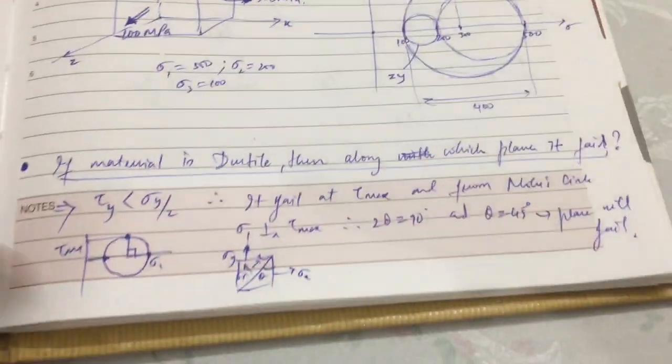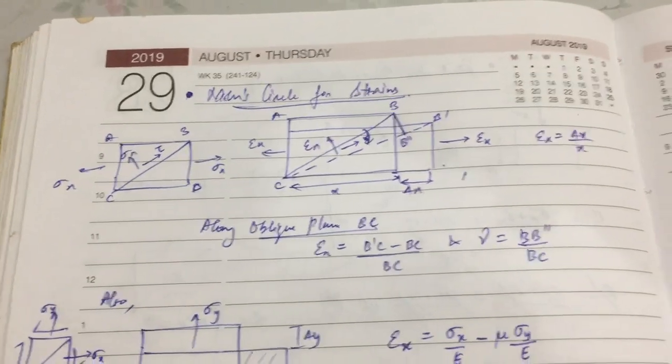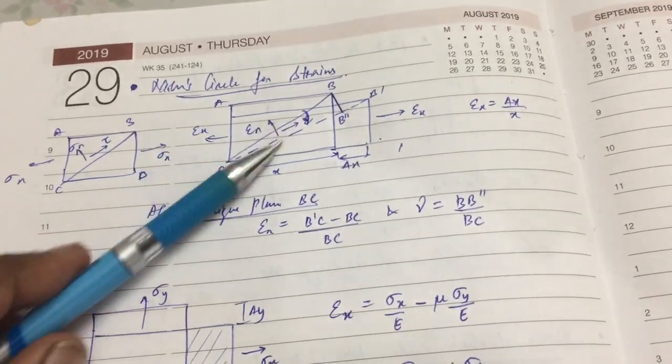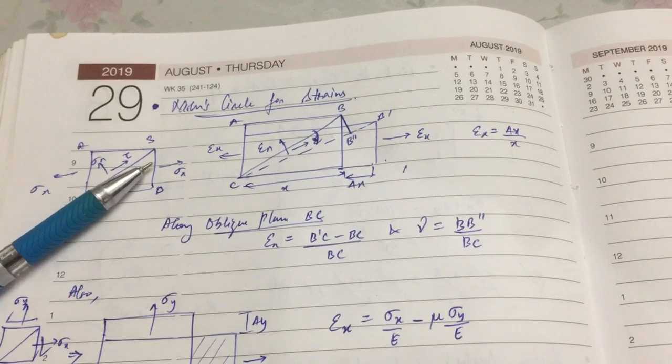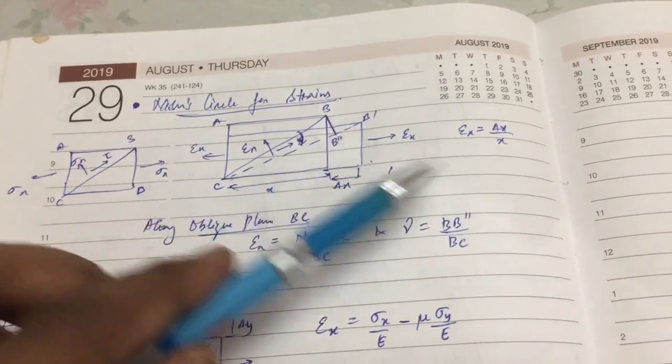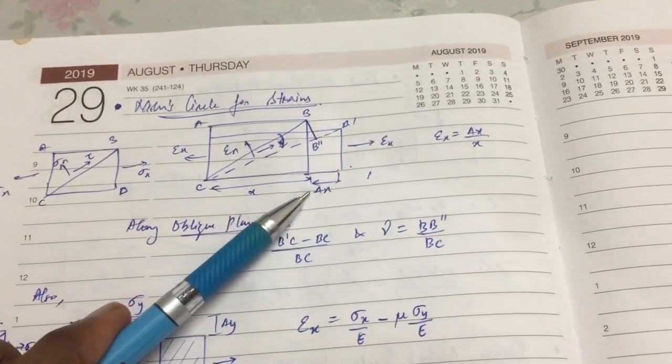Okay. Then next, Mohr circle for strain. So we have always seen the Mohr circle for stress. Let's see the Mohr circle for strain. The same thing. We have a situation where we have the elongation of the material here. So from this we can see that the axial strain will be delta x by x. Okay.